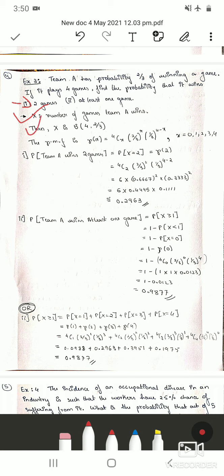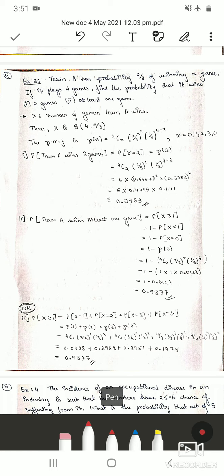Then we know x follows binomial distribution with parameter 4, 2 by 3. Here 4 is your n, 2 by 3 is your small p. So you can write it as x follows binomial with n equal to 4, p equal to 2 by 3, or you can just write like this.